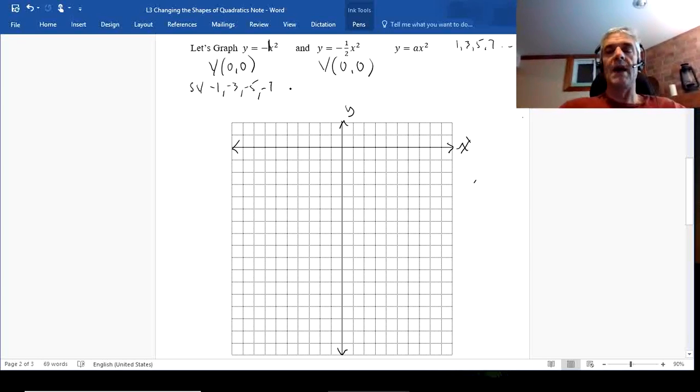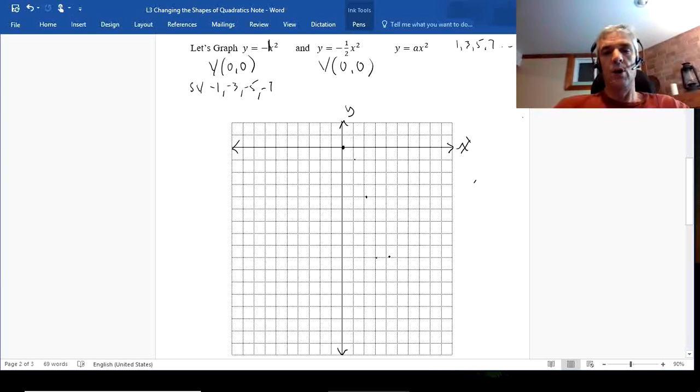So we can graph this now, starting at our vertex of 0, 0. It's always important to get your vertex. Now it's 1 over, and the step value is minus 1. Well, that means we go down 1. Minus just means we're going to go down. So 1 over, down 1, 2, 3. 1 over, down 1, 2, 3, 4, 5.